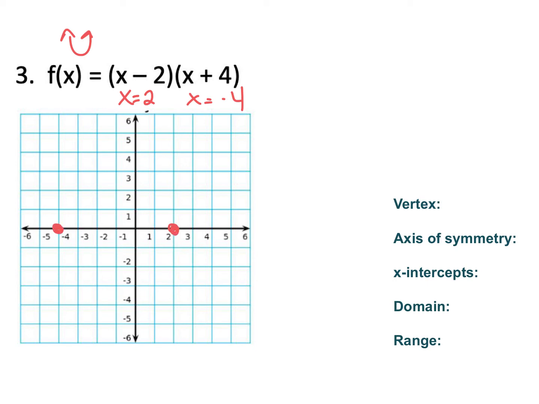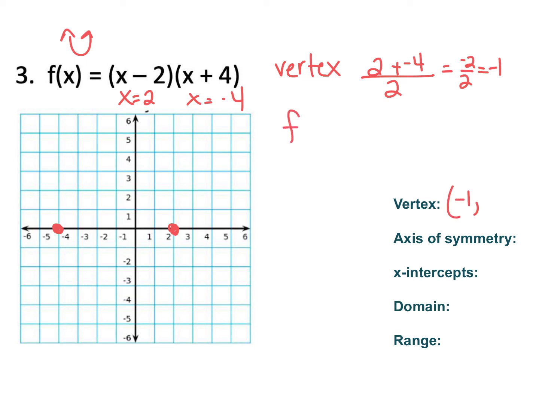And if you remember the relationship, well, using symmetry, my vertex has to be halfway between the two. So the easiest thing to do is take these intercepts, which are 2 plus -4, and find the halfway between, which would be the average. So that would be -2 over 2 is -1. So I know that my vertex occurs at -1 comma something.